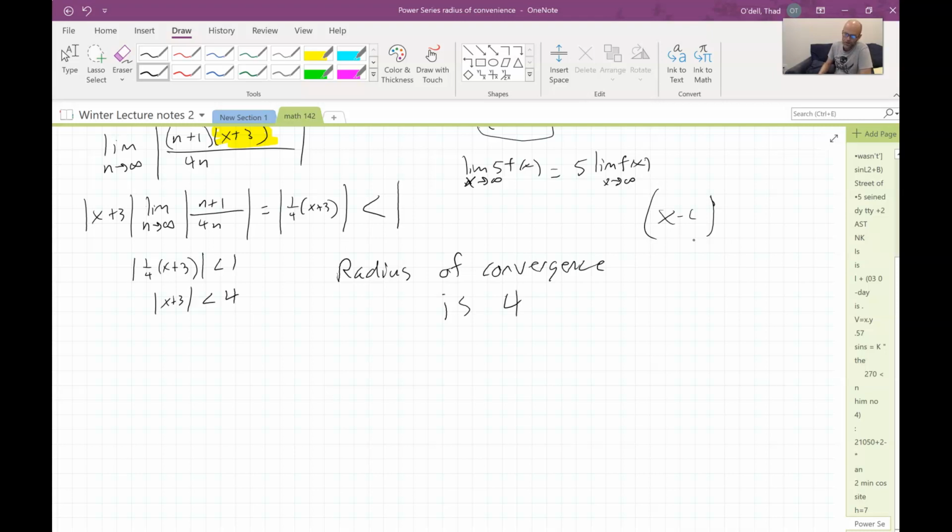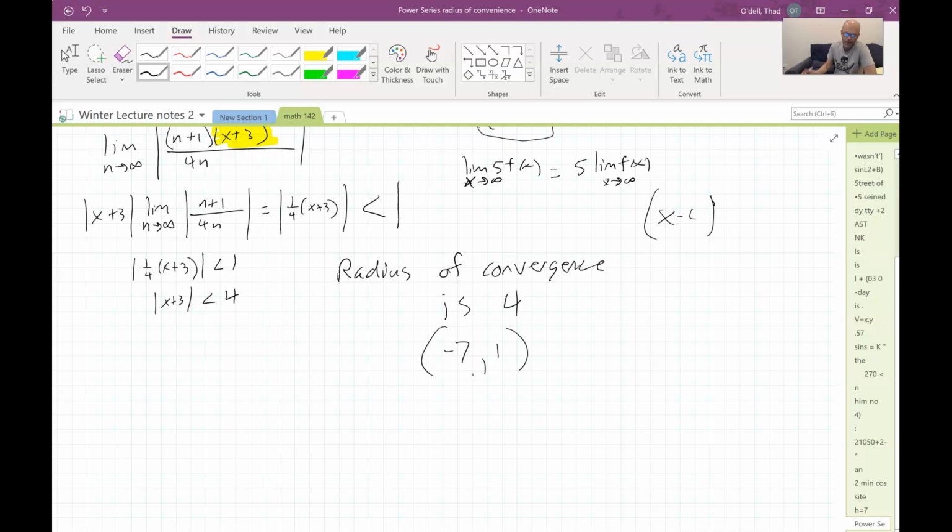So the radius of convergence is 4, and the center is at -3. So if you go 4 to the left of -3, you get -7. If you go 4 to the right of -3, you get 1. And so that gives us initially the interval of convergence.